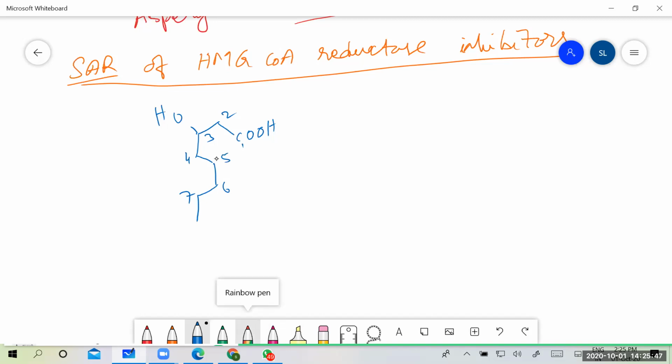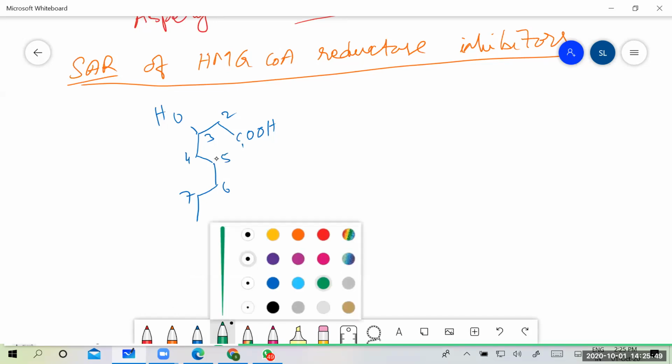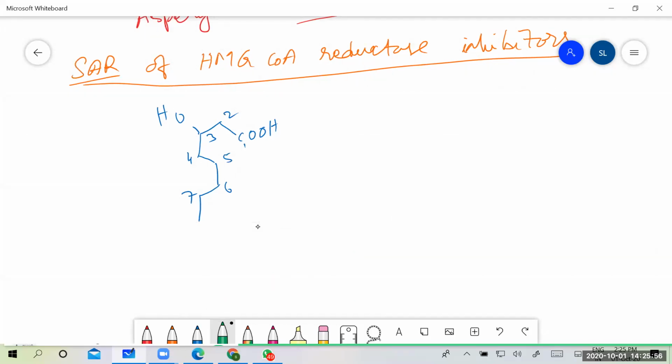And then ring A. So ring A is a bicyclic system. It is a partially saturated bicyclic system with substitutions on both the rings.